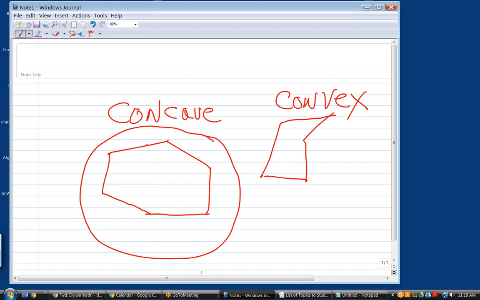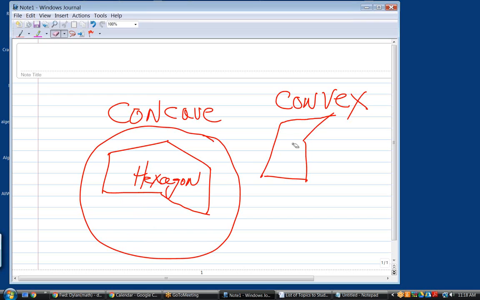What I've drawn here has 1, 2, 3, 4, 5, 6 sides. So it's a hexagon, but it's concave. I don't draw my hexagons like that, even though technically that would be a hexagon. It's just that's not the shapes that they give you when you're studying geometry.